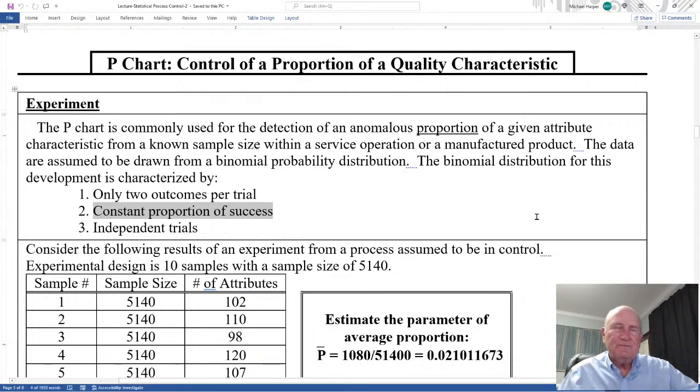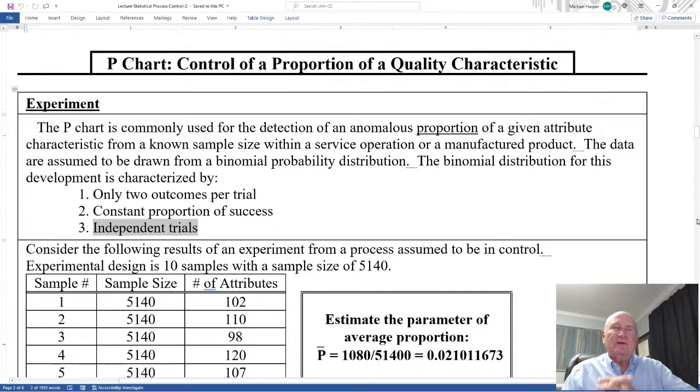That doesn't change. The third condition is independent trials. Every time you make a trial, or you observe, or you draw a random variable value, that trial is independent of the next trial. In other words, the way you draw your random sample, it's not correlated, it's not coordinated, it's not biased.